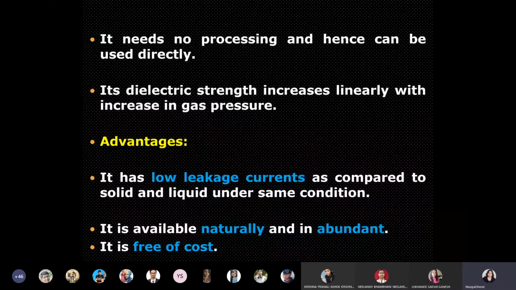Its dielectric strength increases linearly with increase in gas pressure. So remember this: when gas pressure is increased, dielectric strength will increase. Why? You have to think about it. If gas pressure is increased, the number of air molecules will be larger. Suppose you imagine the electrode gap is 1 centimeter and you inserted some pressurized air.